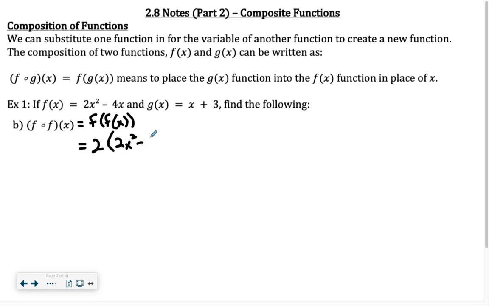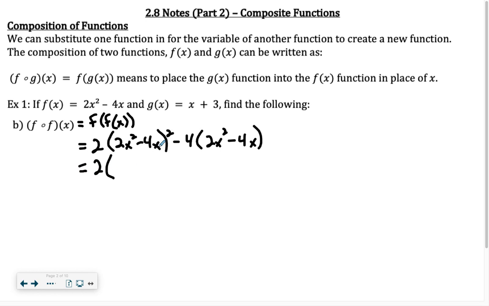So 2x squared minus 4x, that's squared, minus 4 times f of x. So 2x squared minus 4x. Right? So again, I just replaced the x that was here with f of x. Same thing here. So let's multiply this out and simplify.